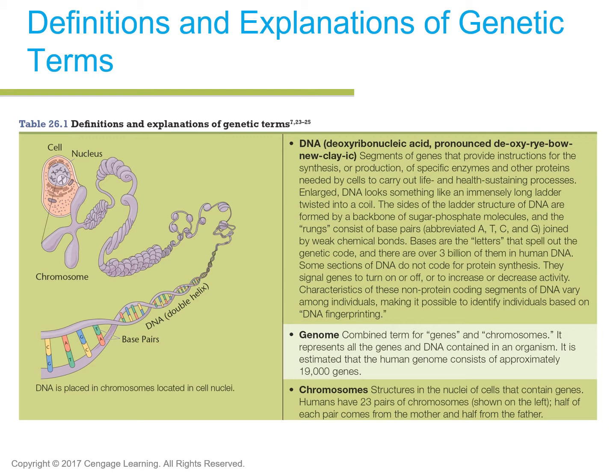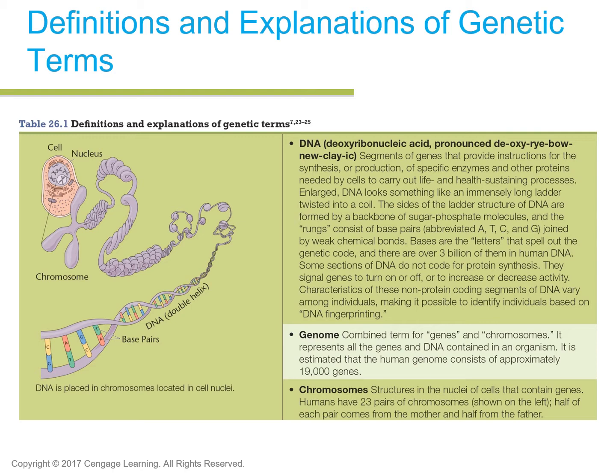I also want you to know that there is something represented by the mapping of the human genome. So we're also going to talk about a genome, which according to this table is the combined term for genes and chromosomes. It represents all the genes and the DNA contained in an organism, which is ourselves in this case.